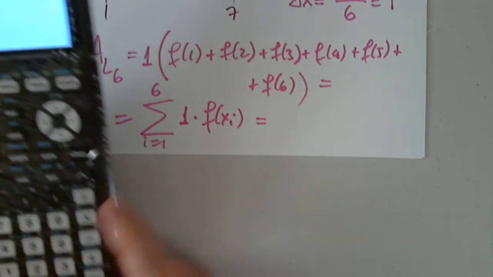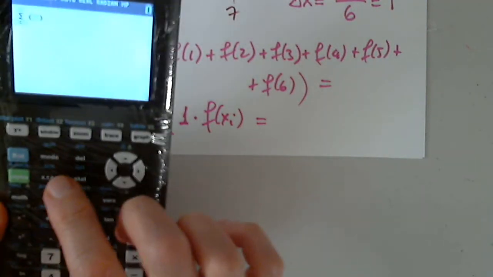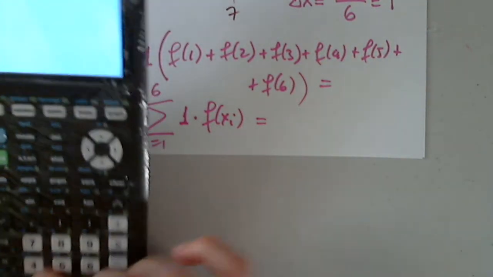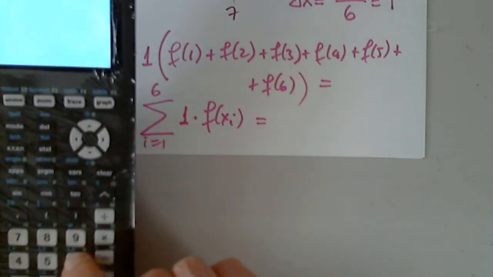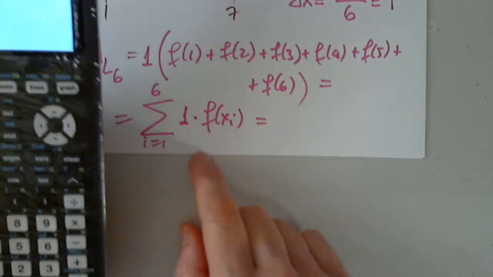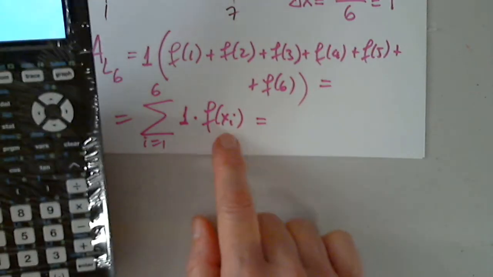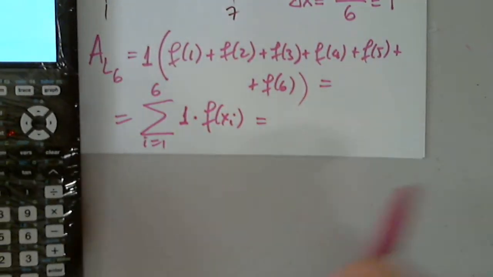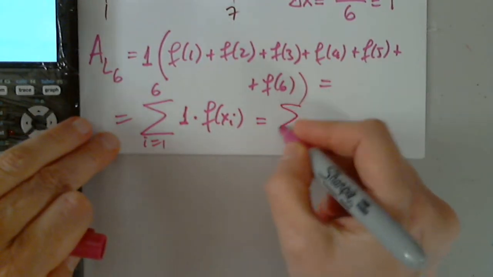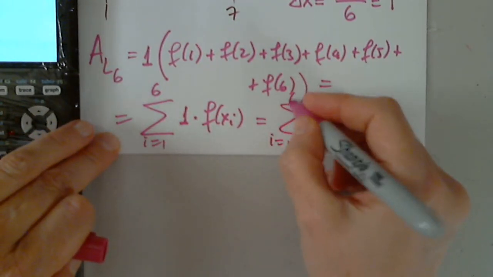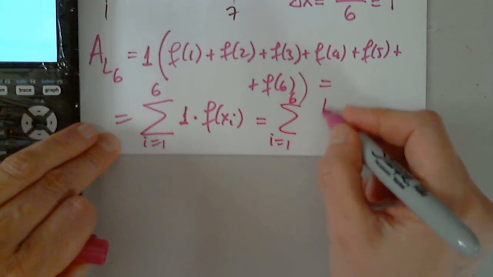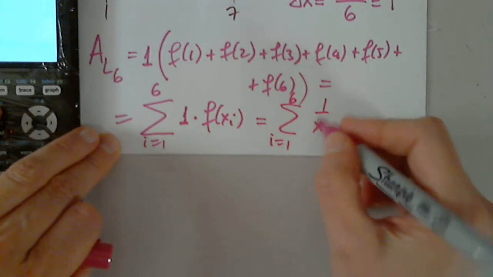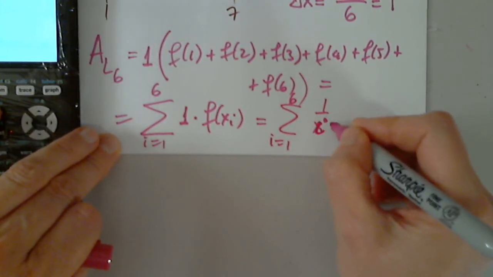Okay, so from i equals 1, x equals 1, till 6. And delta x is 1, I don't even have to write it. But f of x_i is 1 over x squared. So I will write this in the following way: the sum from i equals 1 through 6 of 1 over i squared.